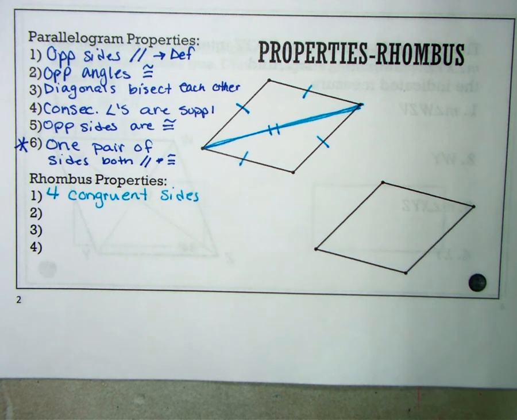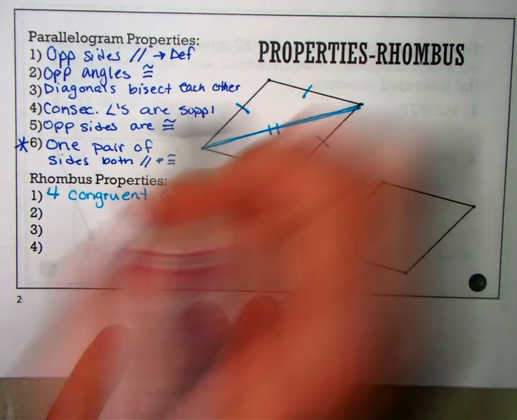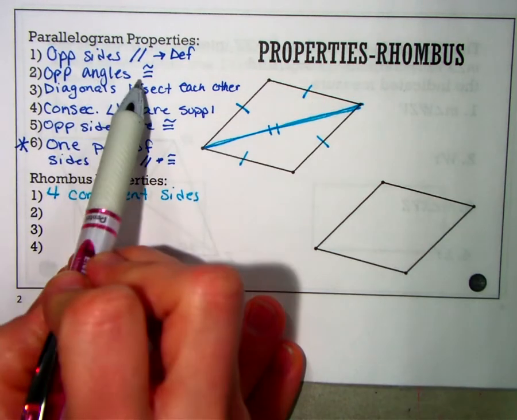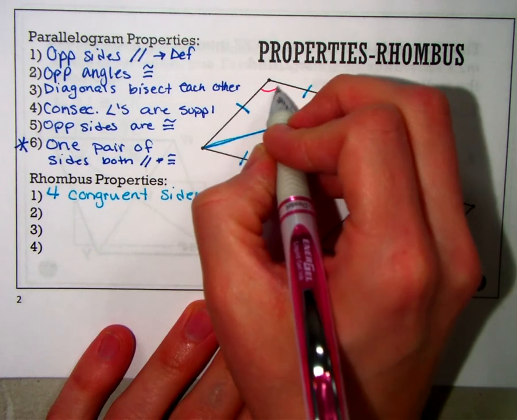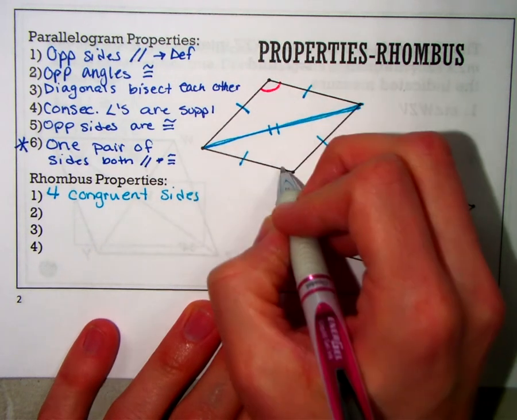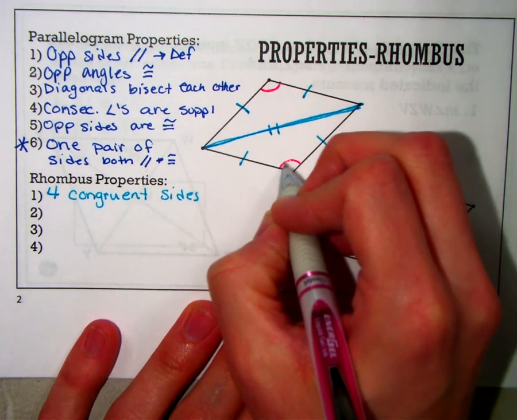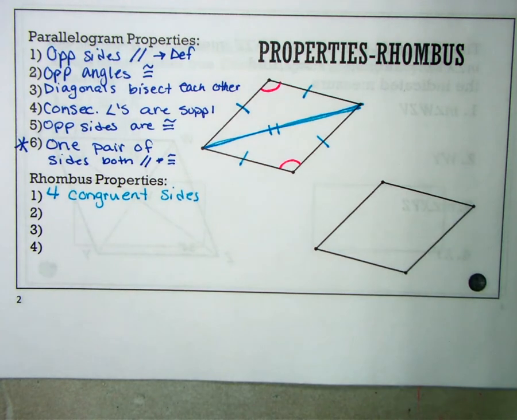But I could also, not even looking at reflexive, mark the opposite angles congruent, because we just said that. Opposite angles are congruent. So I could mark this angle congruent to this one. Okay, so it could have been side, side, side, or could have been side, angle, side. Doesn't matter which one you would have gone with.